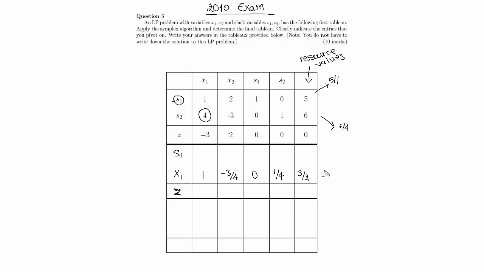Now, in order to turn 1 here and -3 into 0, we need to again work very similar to the Gaussian algorithm. And so we are going to do this row minus the x1 row.